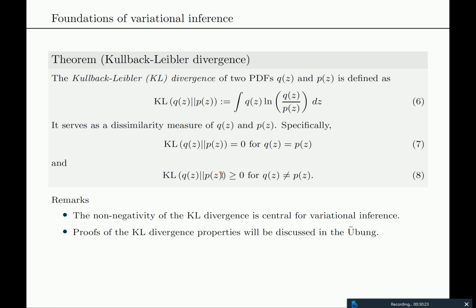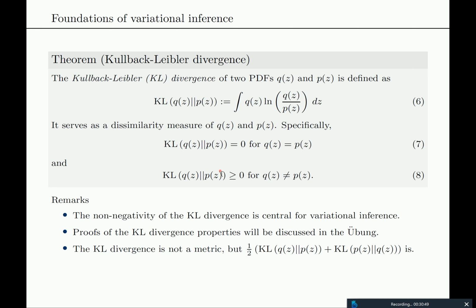So the KL divergence is a general thing. I think we used it a little bit already in our proof of the maximum likelihood optimality. It's not a metric. This is always where mathematicians start shouting. When one says it's a measure of distance, then you have the mathematician in the room shouting that it's not a metric.